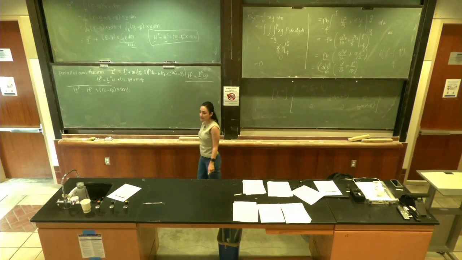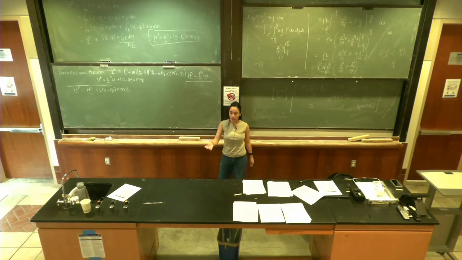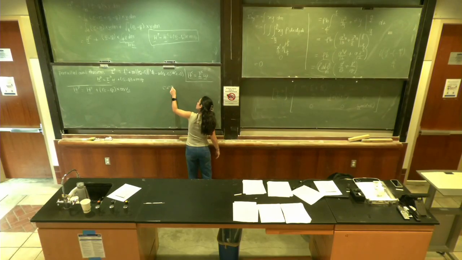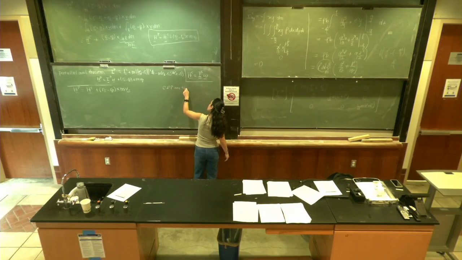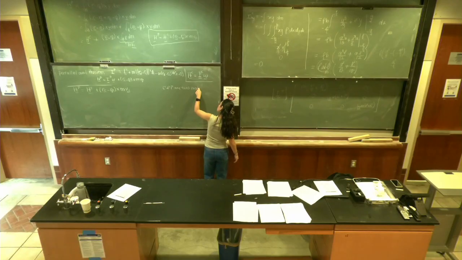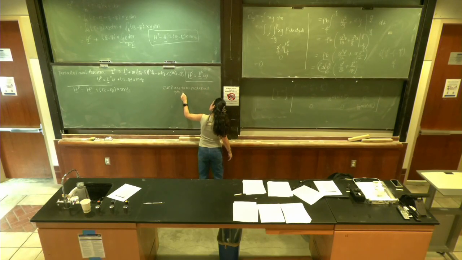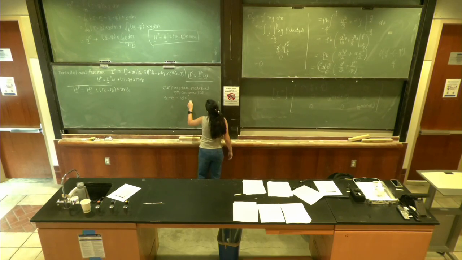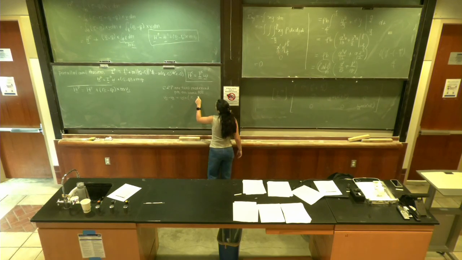I can say that if C and P are two material points of the same rigid body, then VC minus VP is equal to omega cross RC minus RP.